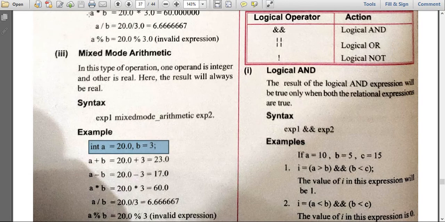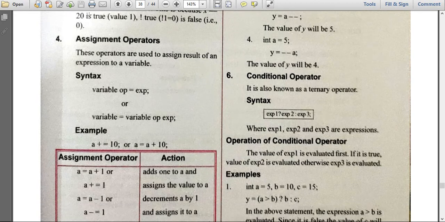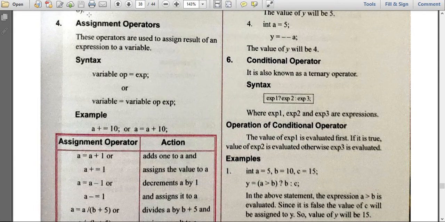Next we go with the assignment operator. Till now we have seen this operator multiple times. The assignment operator is used when you want to assign a value to a variable.